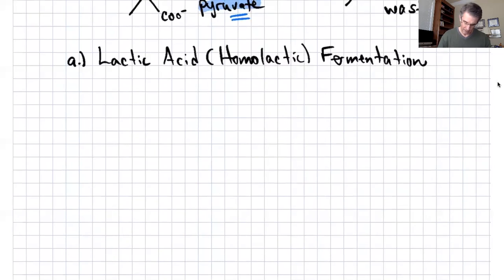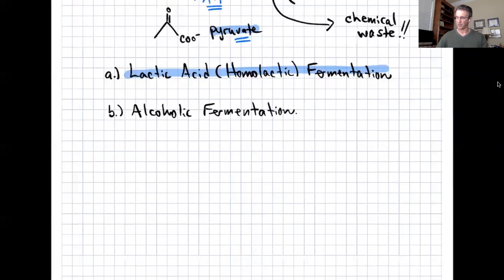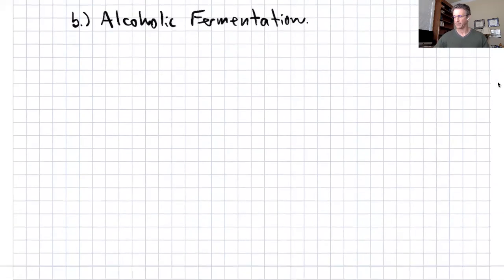The other is so-called alcoholic fermentation. Okay, so let's take a look at this homolactic pathway first, right? It's pretty simple, right? There's essentially a single step to make this happen.